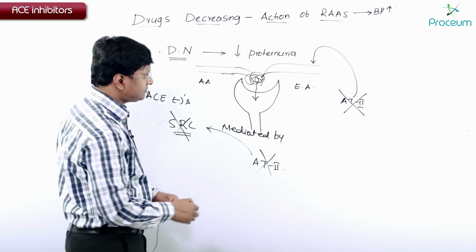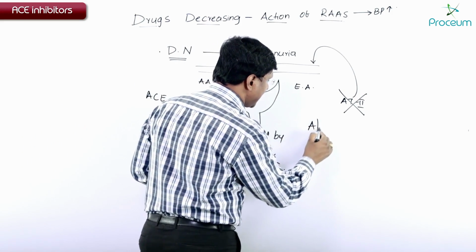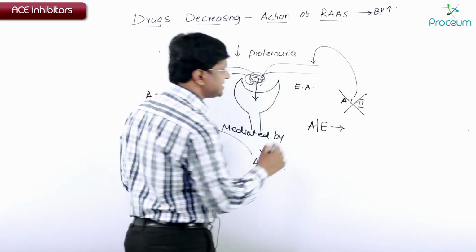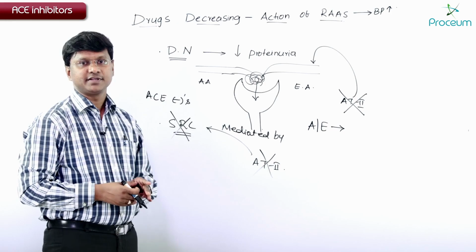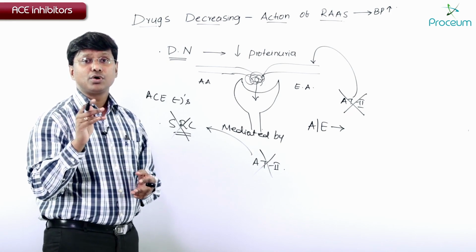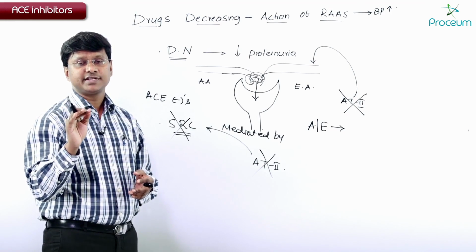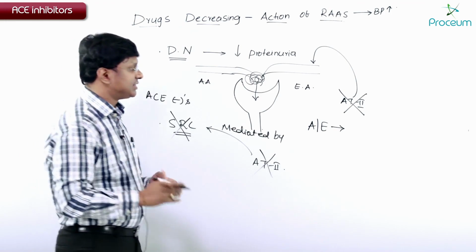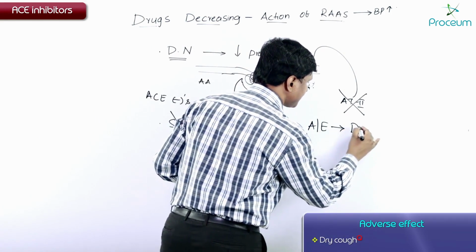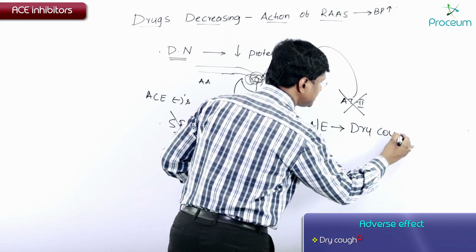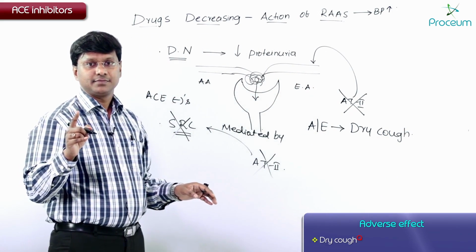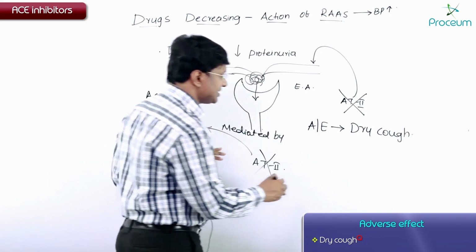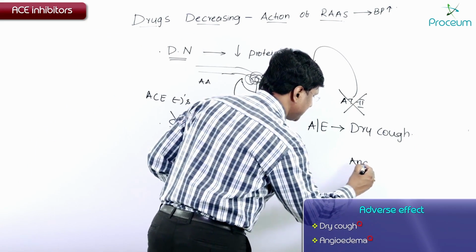Now, if you take the adverse effects of these particular ACE inhibitors, the most frequent adverse effect associated with these agents is dry cough. The other adverse effect with these ACE inhibitors is angioedema.